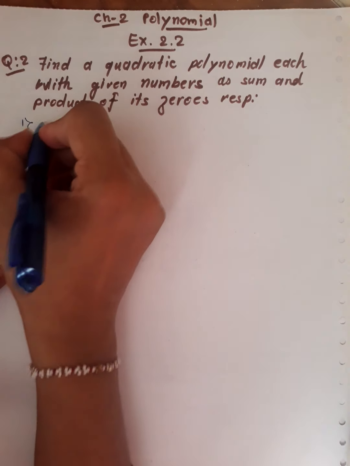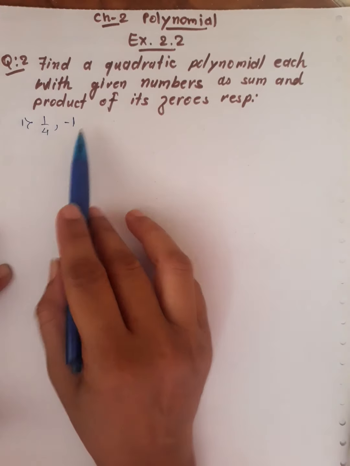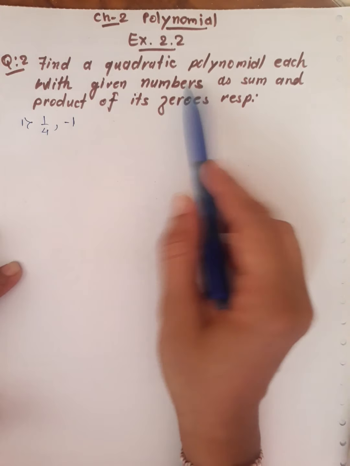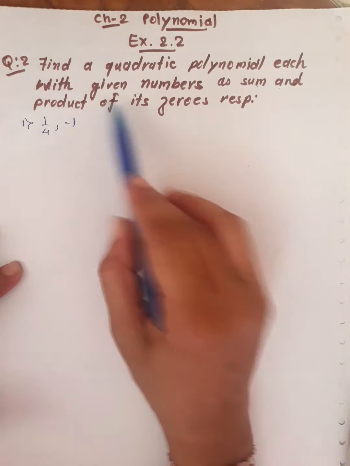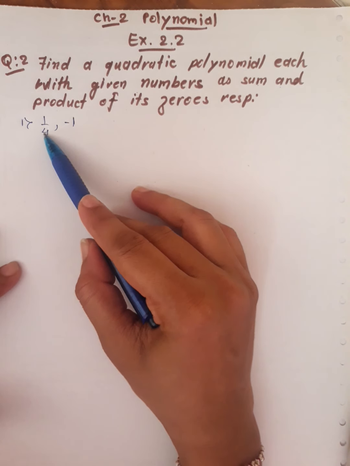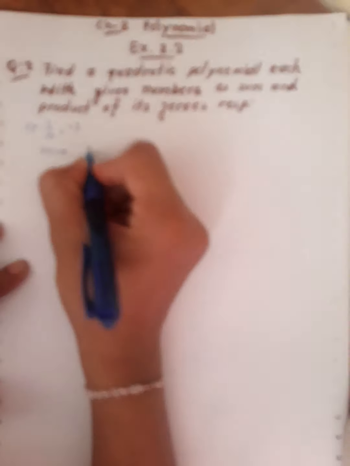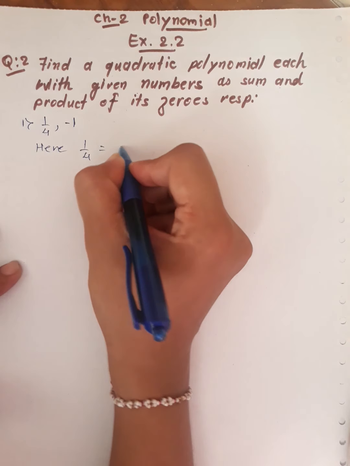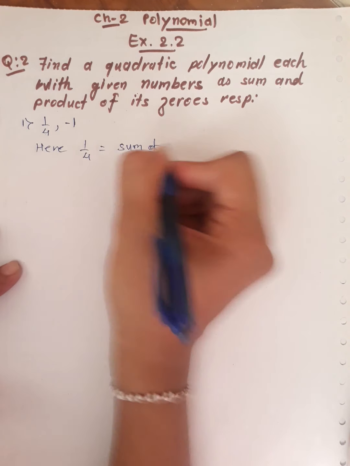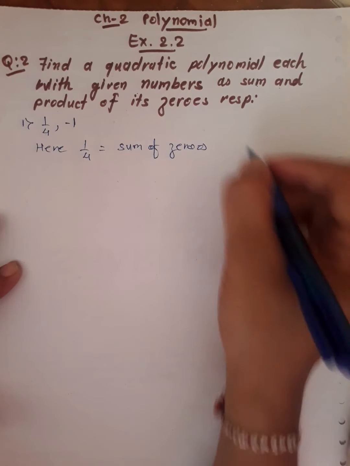Our first one is 1 by 4 and minus 1. So in this equation we have been given the sum and the product of its zeros respectively. This is the sum, alpha plus beta, and this is the product of the zeros, alpha into beta. So here 1 by 4 is nothing but the sum of the zeros, and let's say the zeros will be alpha and beta.